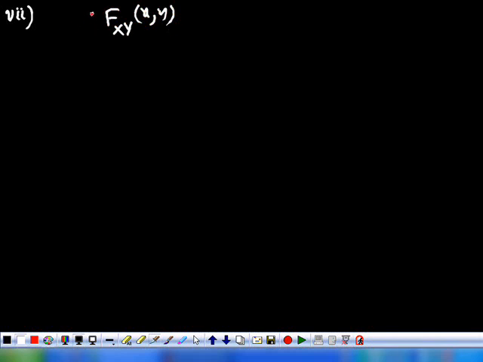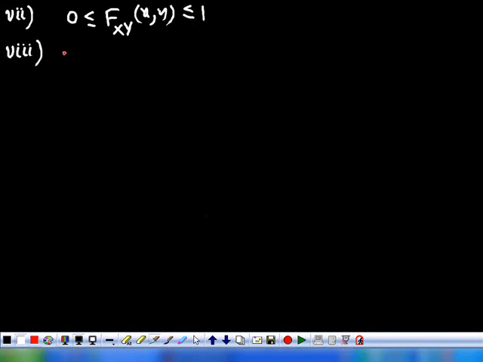So if it is a probability, definitely it should satisfy this condition. It should not be negative. It is a non-negative function. So we already know that CDF is a non-decreasing function. Here also it should be a non-decreasing function.